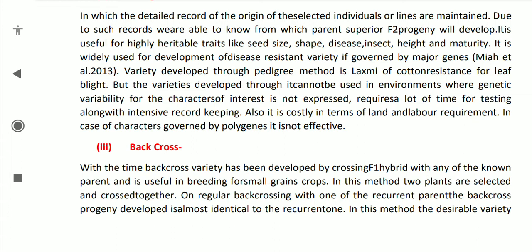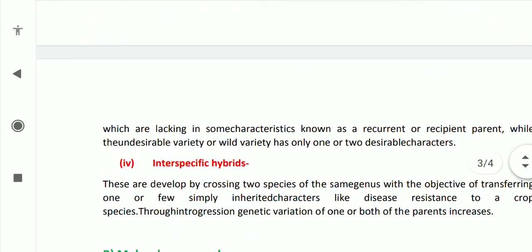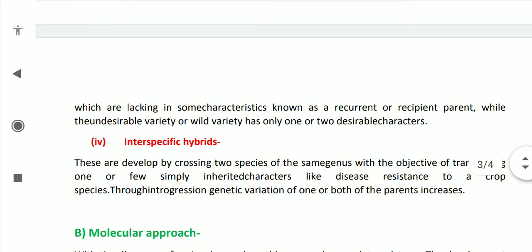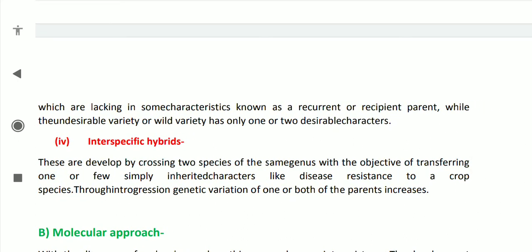In this method, the desirable variety, which is lacking in some characteristics, is known as the recurrent or recipient parent, while the undesirable variety or wild variety has only one or two desirable characters.